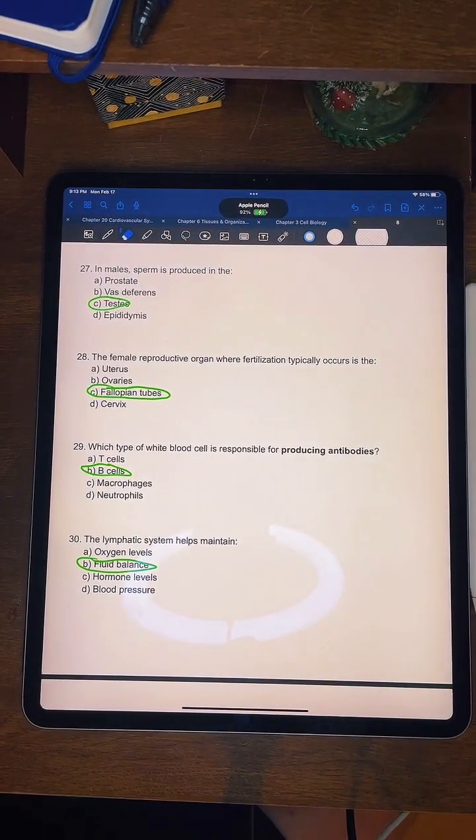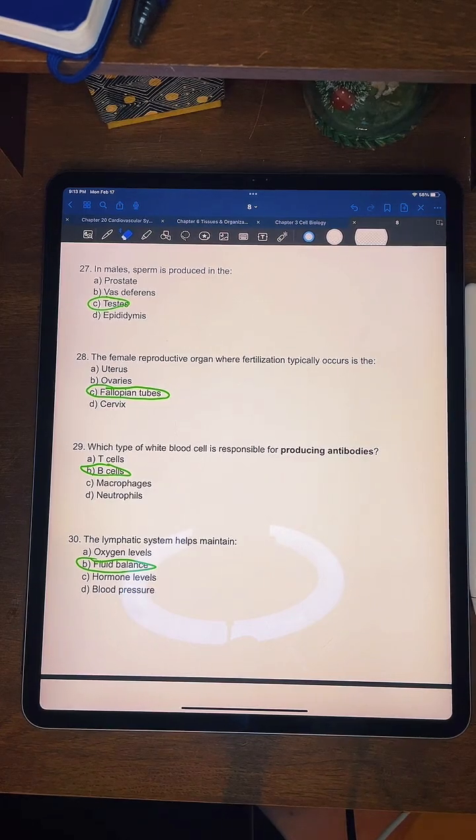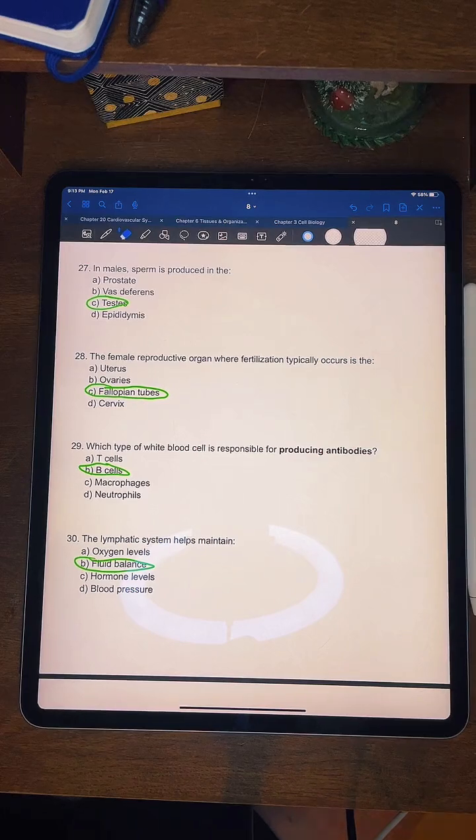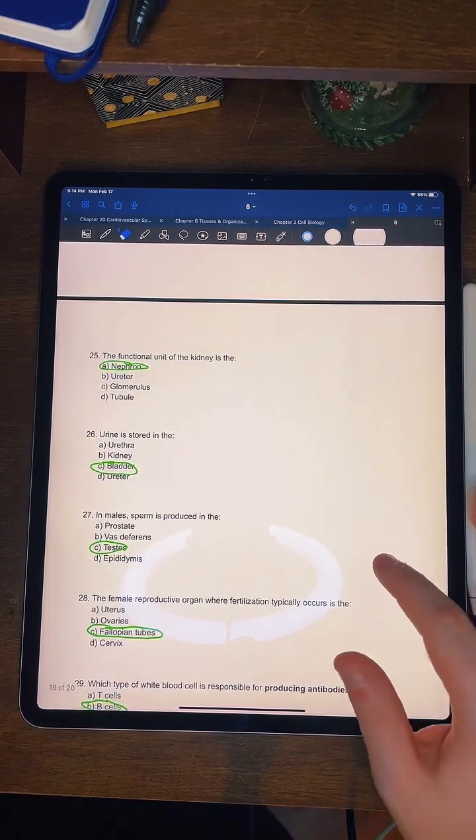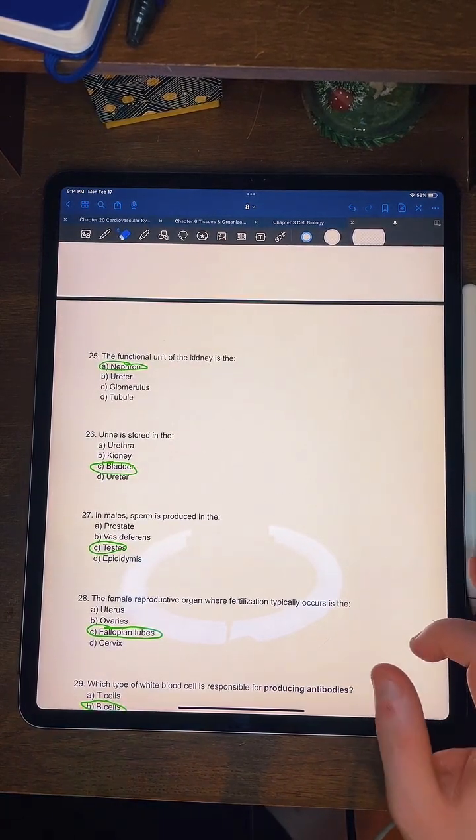Okay, yeah, we can definitely go back. Give me 1 second. Alrighty, the answer for 25 was the functional unit of a kidney is the A, nephron.